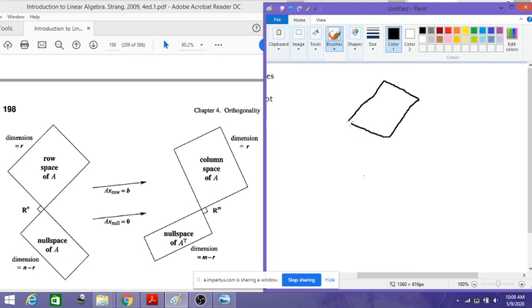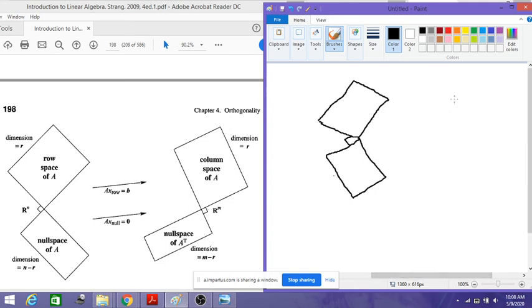This is my row space, and this is the null space, and consider that it forms a right angle here. Then we have the column space here, something like this, and it forms the right angle with this.